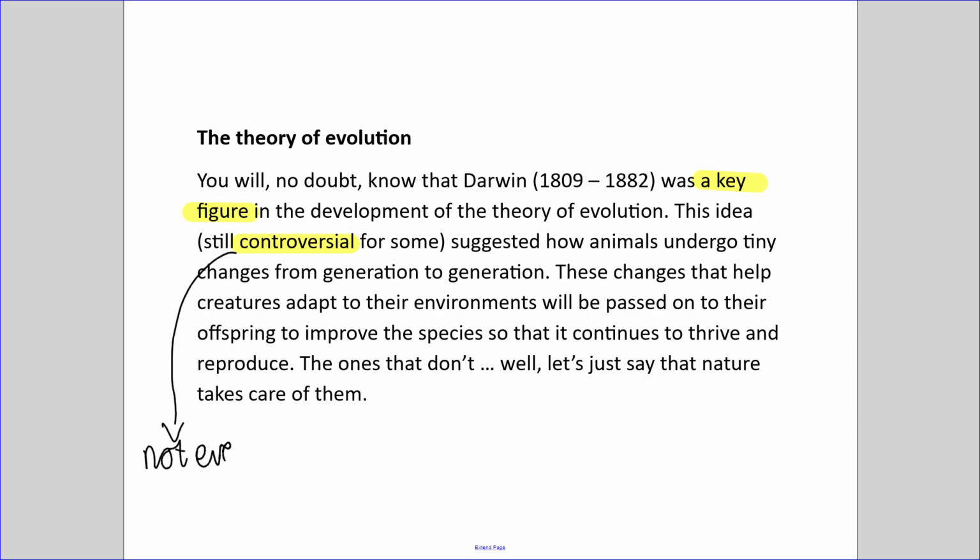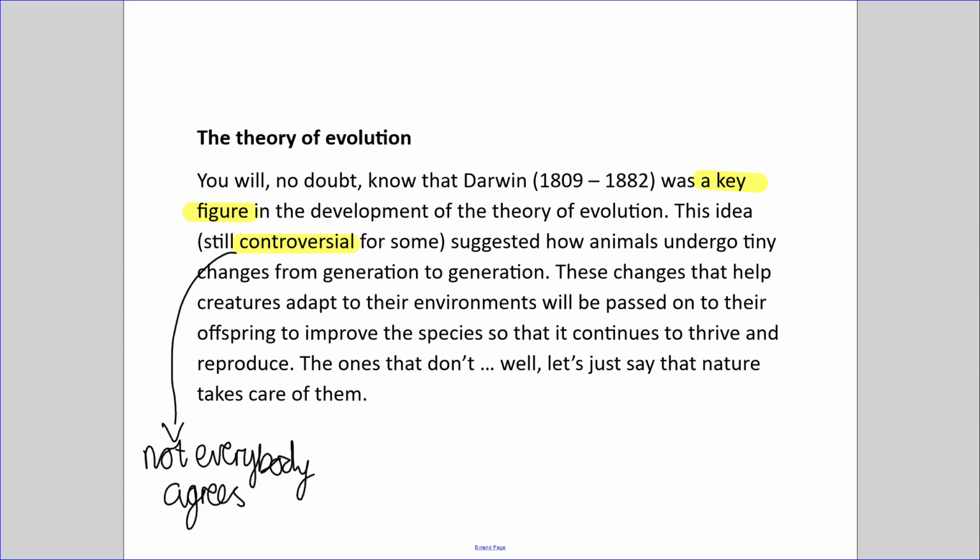So some people, for lots of different reasons, might not completely agree with that. So it suggested how animals undergo tiny changes. So if they're undergoing tiny changes, that means that tiny changes are happening to them. And from generation to generation.